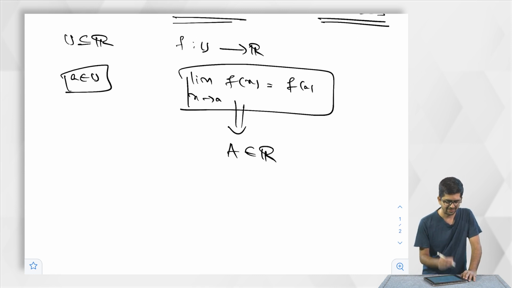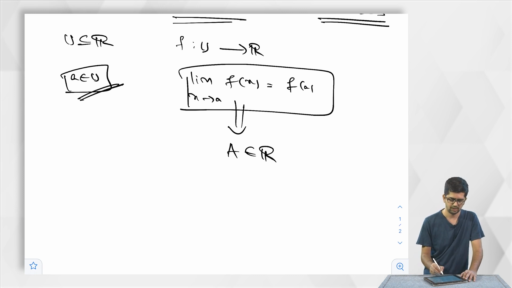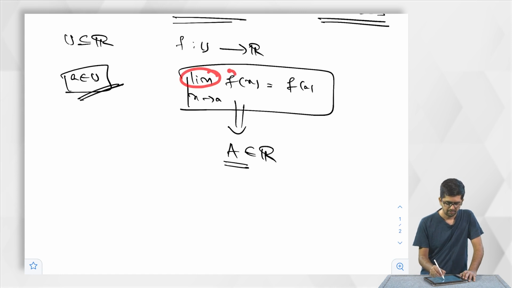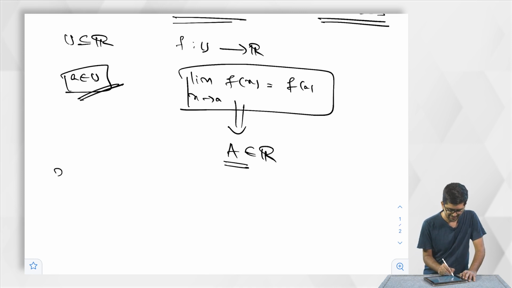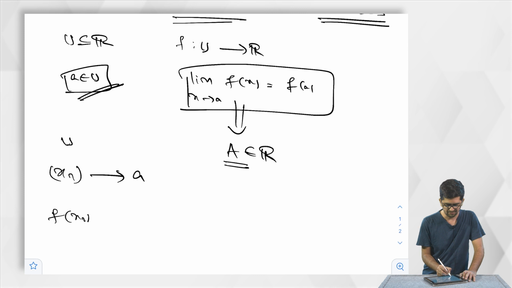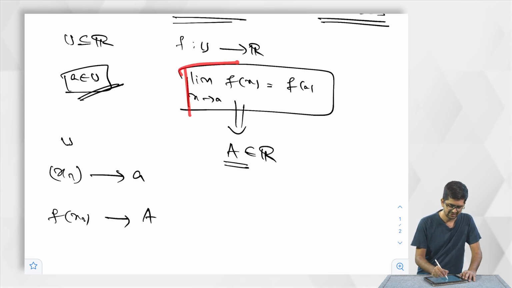That a is an element of U. So, an element L is said to be the limit of f as x goes to a if some condition is satisfied. What is the condition? For any sequence x_n in U that converges to a, we should have f of x_n converges to L. This is what we mean when we say limit of x goes to a, f of x is equal to L. This you might already know.